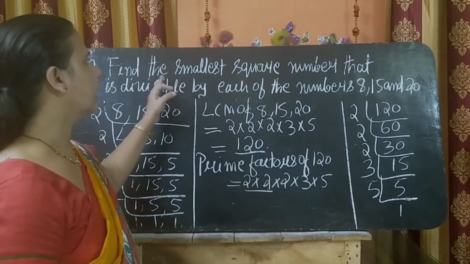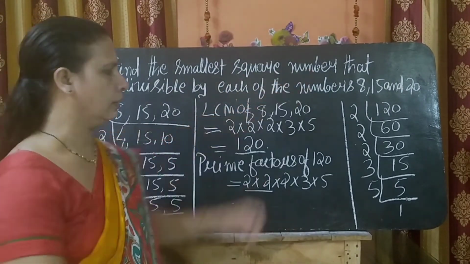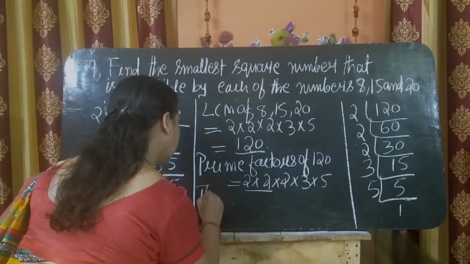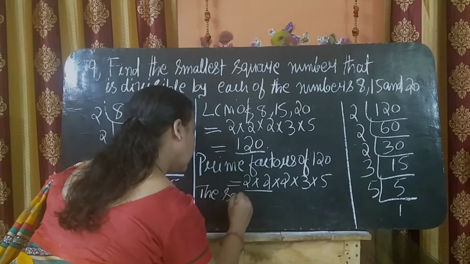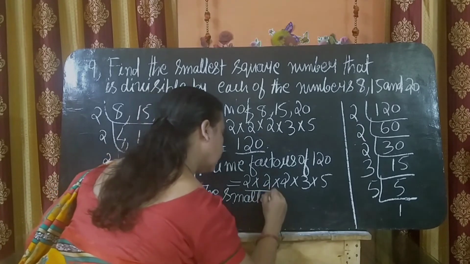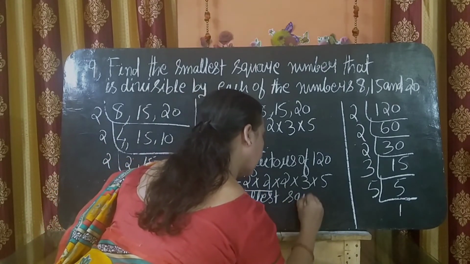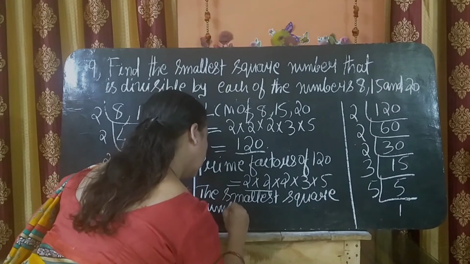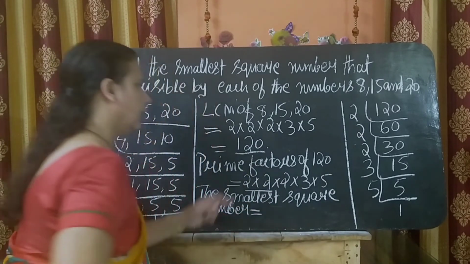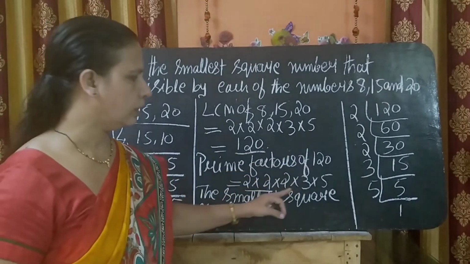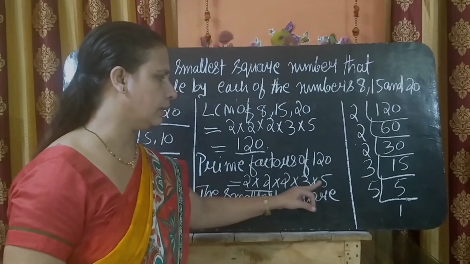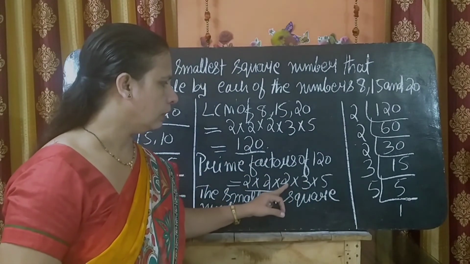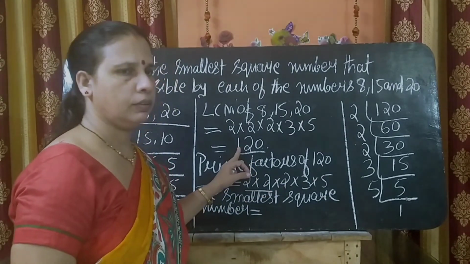Then we will get the smallest square number. The smallest square number equals LCM into without-pair number.